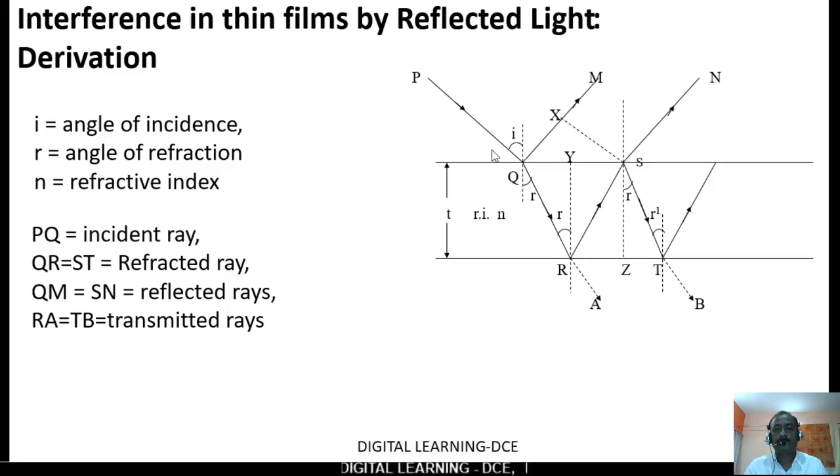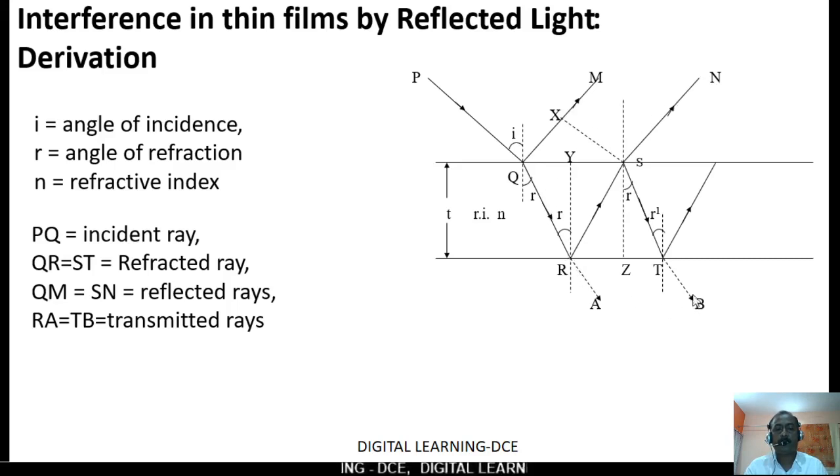See here, in this diagram, I is the angle of incidence and R is the angle of refraction, and N is the refractive index of the medium. Here R indicates the angle of incidence inside the film. Let PQ be the incident ray, QR and RS the refracted rays, QM and SN the reflected rays.